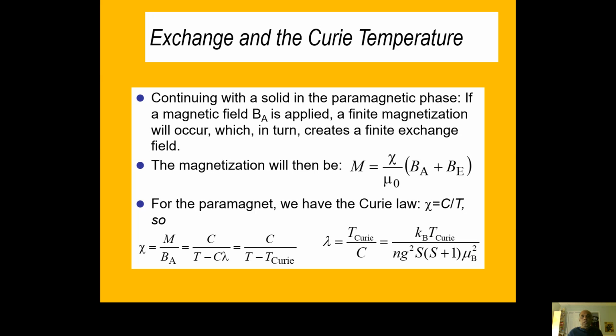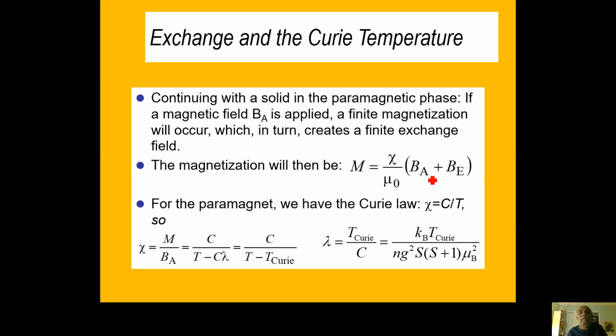Now if you think about the paramagnetic phase, we have this applied magnetic field BA. Then we can calculate the total magnetization M, given by chi over mu 0 times the applied magnetic field plus your exchange field.